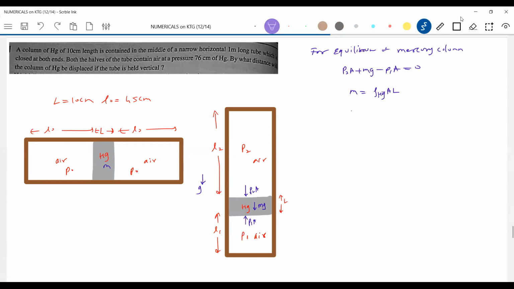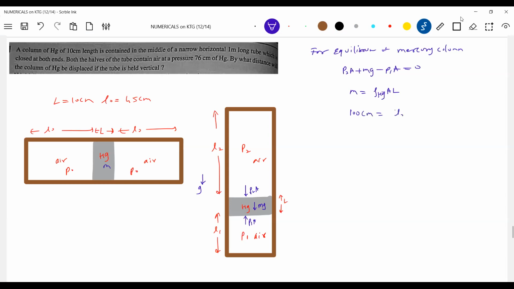The final 1 meter, 100 centimeter, should be equal to L2 plus capital L plus L1. With L being 10 centimeter, L1 plus L2 is 90 centimeter.